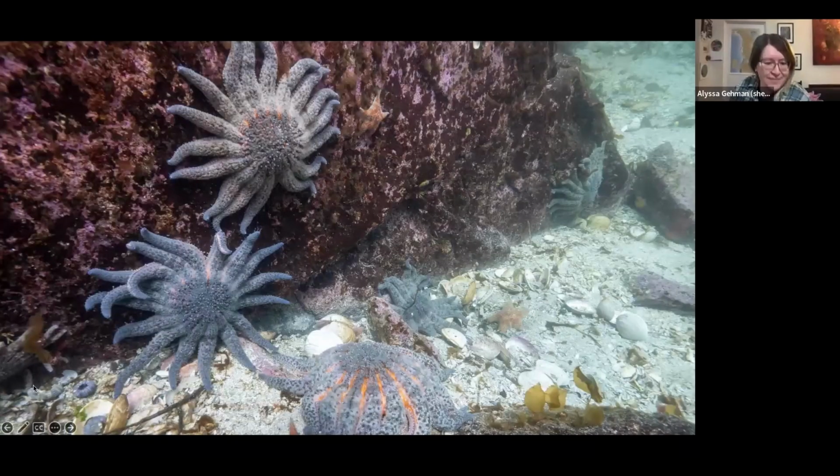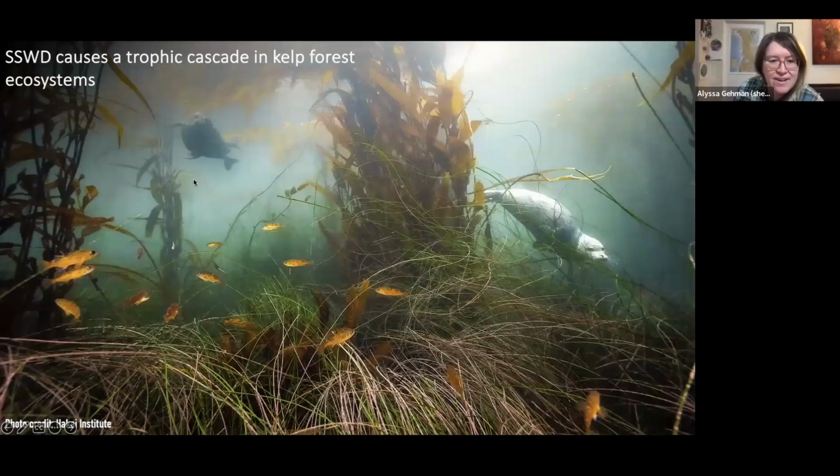Here we go. If you look in the corner over here, what you see are piles of urchin tests that were likely eaten by all of these big predators. And what we found, when there was this massive die-off where we lost 90% of this population, and they really can be quite abundant when they are there, is that they are actually quite important for maintaining kelp forests.